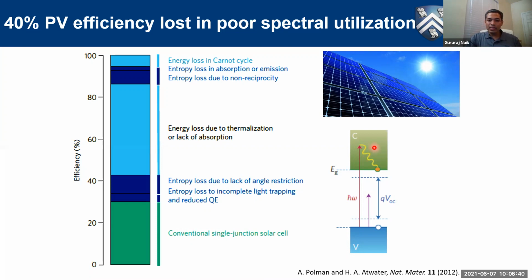Okay, so after this electron is excited, it will lose that excess energy as heat very quickly. So you're heating the solar cell partly, and then you're also not absorbing the infrared light. So both of them account for 40% loss in efficiency.